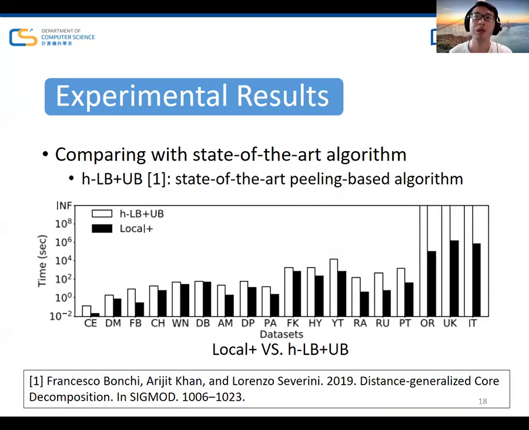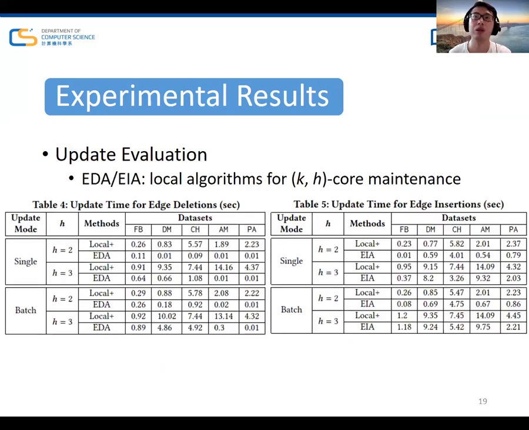We next compare the efficiency of our method with the state-of-the-art algorithm. We can observe that our algorithm consistently outperforms the state-of-the-art algorithm by 1 to 3 orders of magnitude.